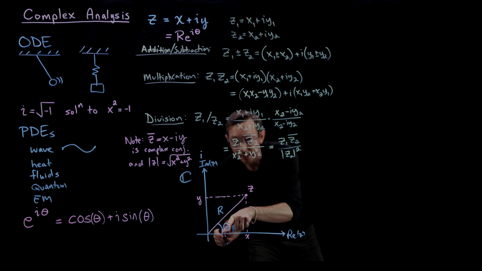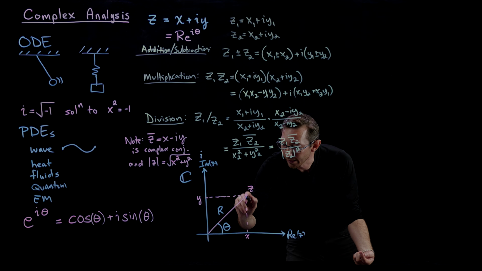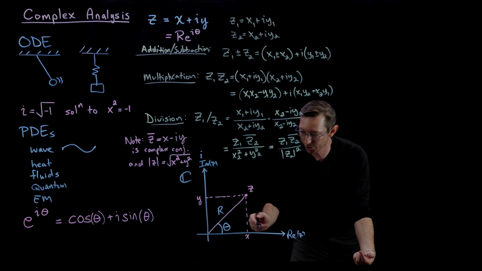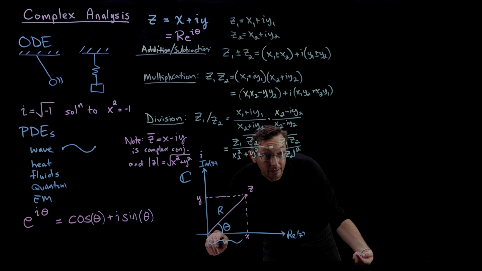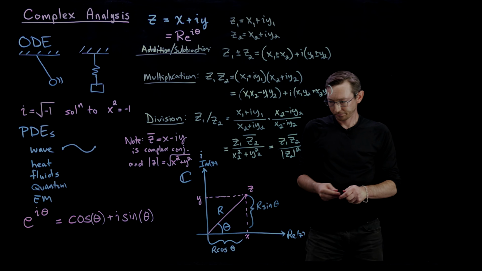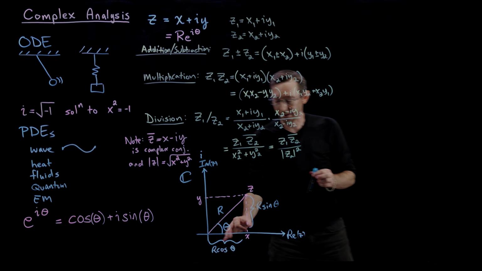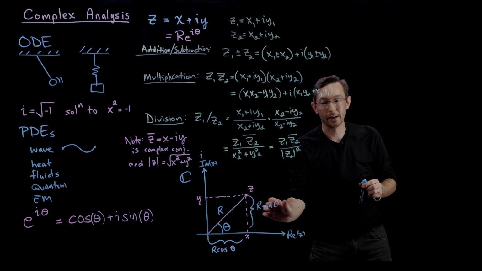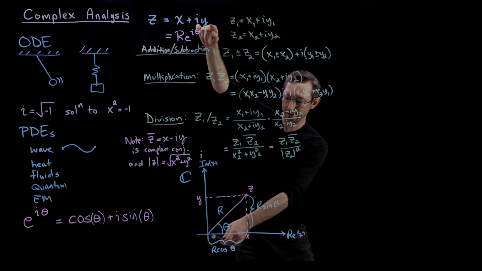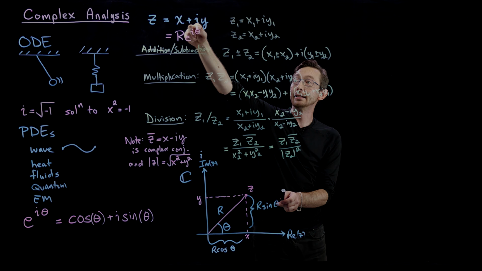So if this is the angle theta of z, then we know that this position, this x, is r cosine theta, and this y direction is r sine theta. And remember from Euler's formula, e to the i theta is cosine theta plus i sine theta. So I can write this r cosine theta plus i times r sine theta as r e to the i theta.